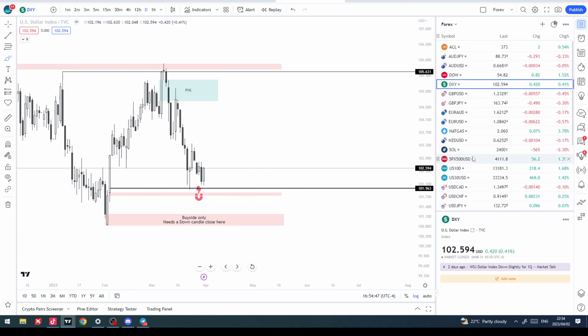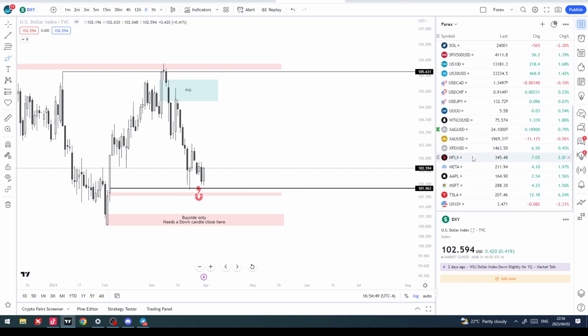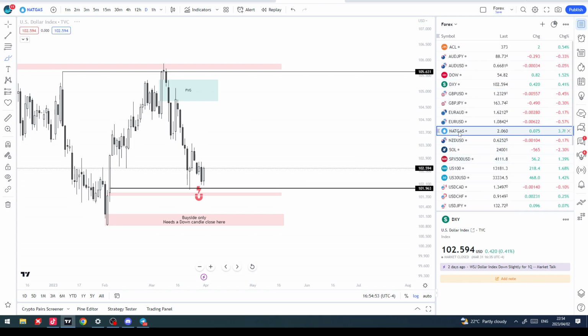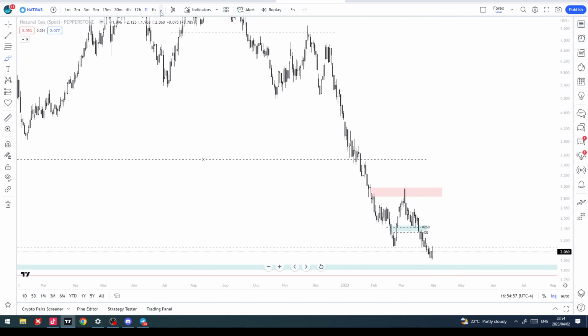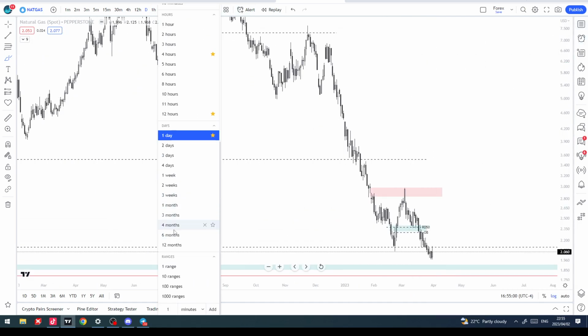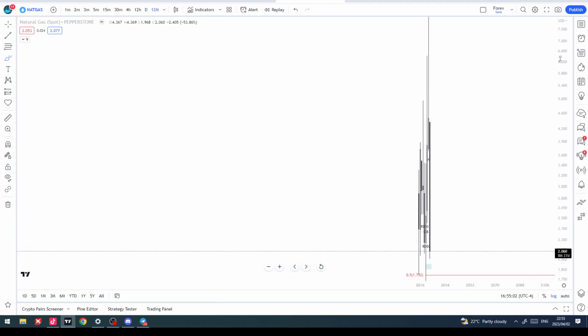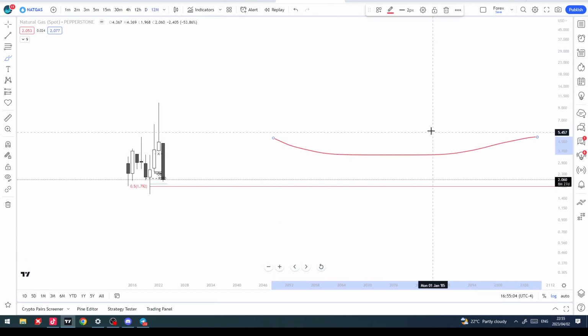If I have nat gas here. Nat gas, where are you? There you are. What time frame were you thinking? Yearly? Yeah, this is a super high time frame move, right?